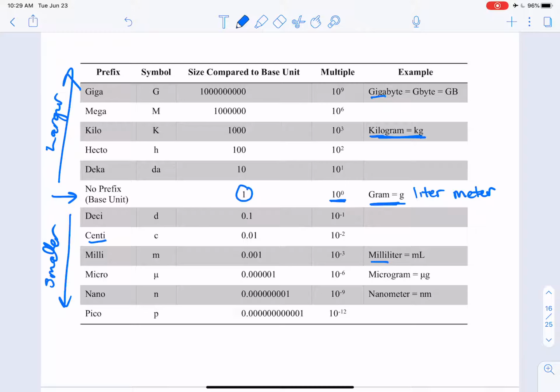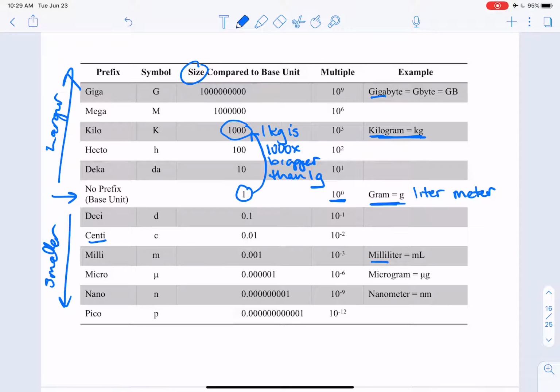Well, if you look up here and we compare gram to kilogram, what this 1,000 right here is saying is that 1 kilogram is 1,000 times bigger than 1 gram. Okay, so that's telling you the size of that unit with that prefix on it.